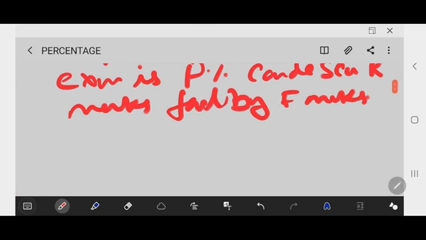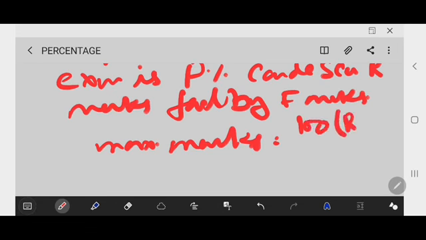So the total maximum marks is what? The maximum marks is 100 into R plus F by P.